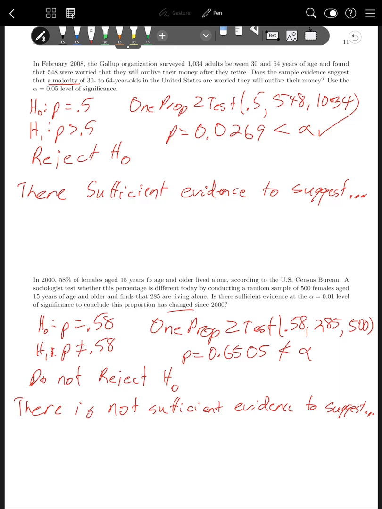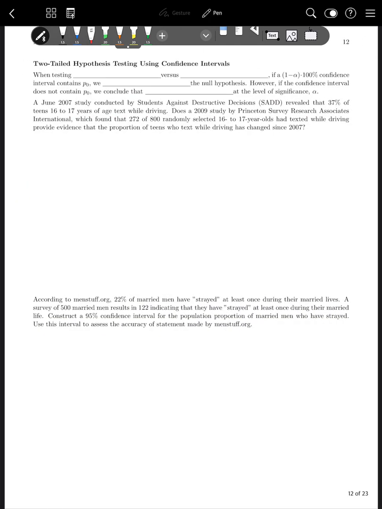Okay, so that's the idea of how we can use this one prop z test to do hypothesis testing. Now, there are some other options. In a case like the one we just did, we could actually use a confidence interval to do this hypothesis test. So when we have a two-tailed test, a test where we're doing not equal to, one option is to use confidence intervals.